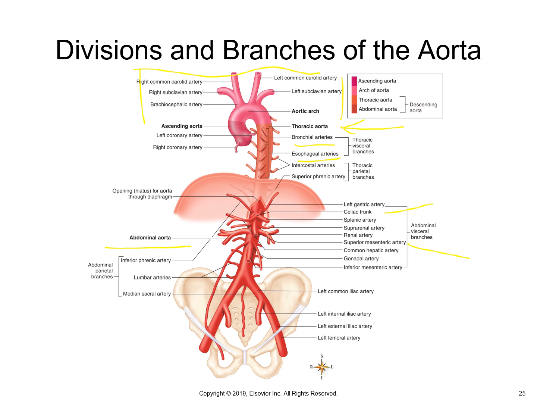And then we have the renal arteries, and the renal arteries, of course, supply the kidneys. Then we have the inferior mesenteric artery, and that artery supplies the lower portion of the large intestine.